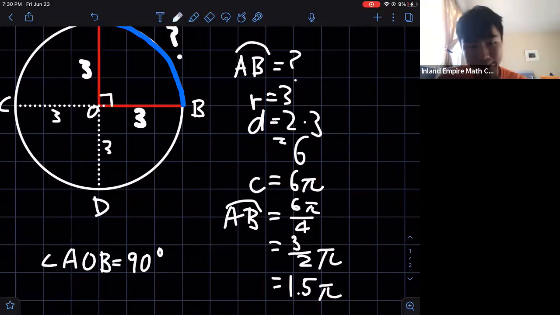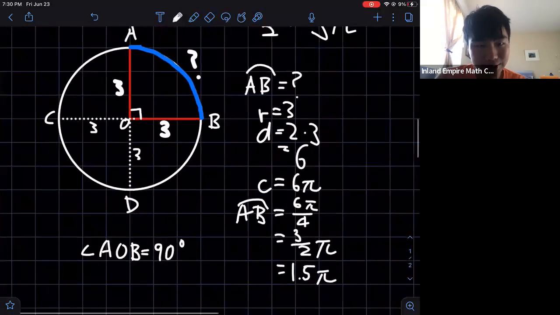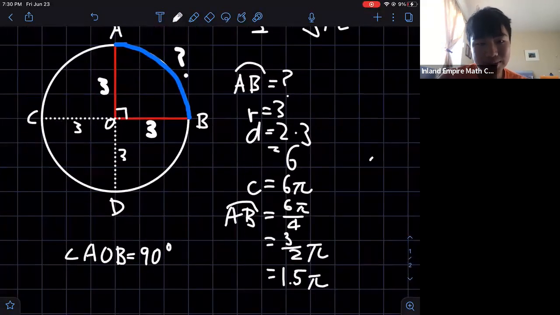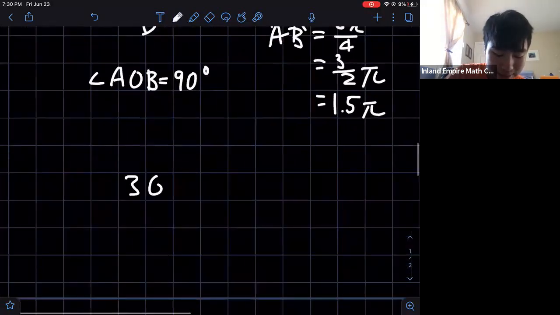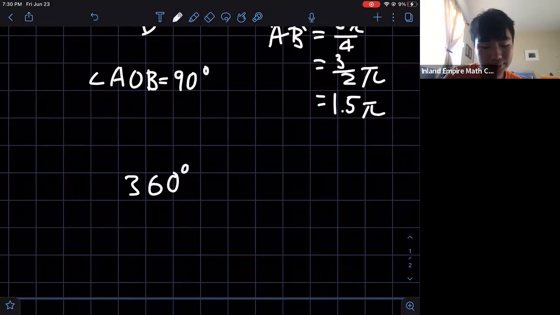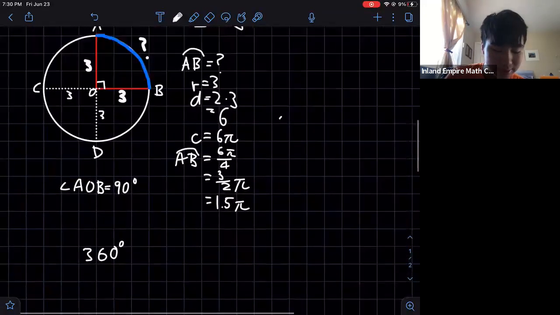Basically, what I'm saying here is that you can use the angle formed by the two radii like this to figure out the arc length. The way we do that is to say that the entire big circle is going to be 360 degrees.